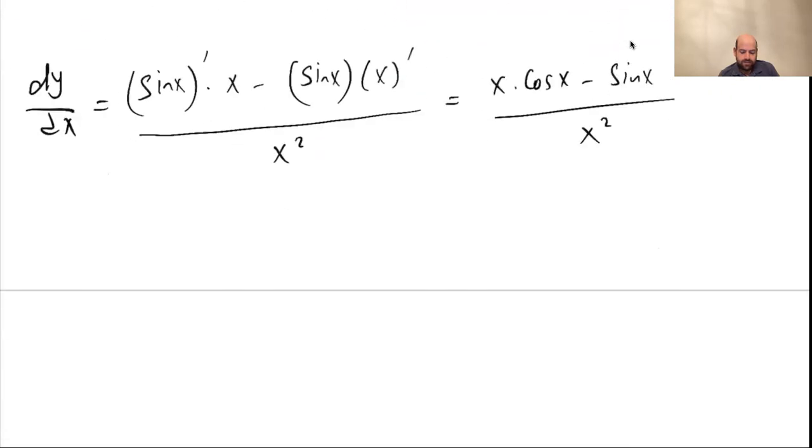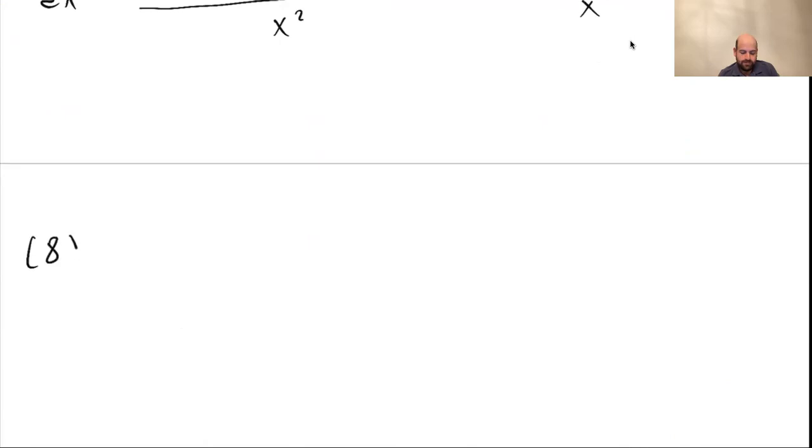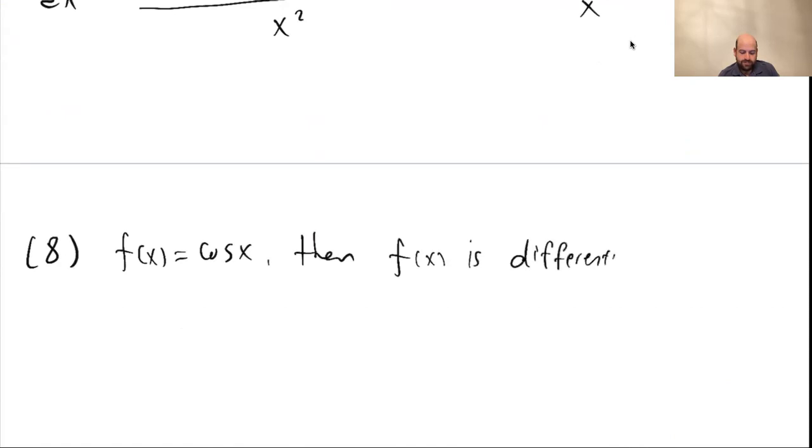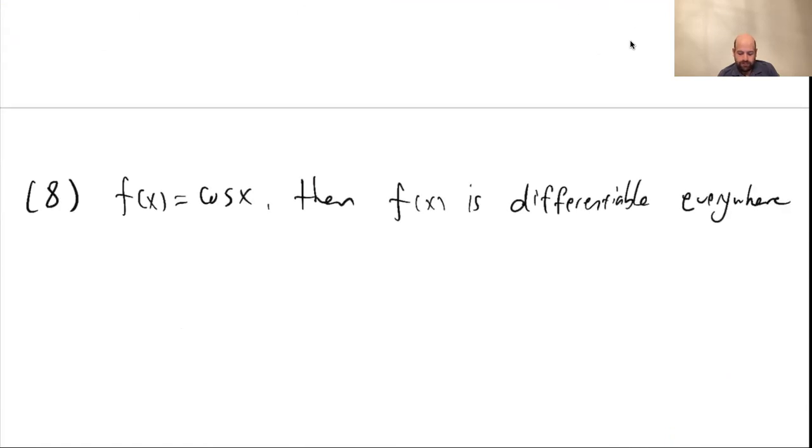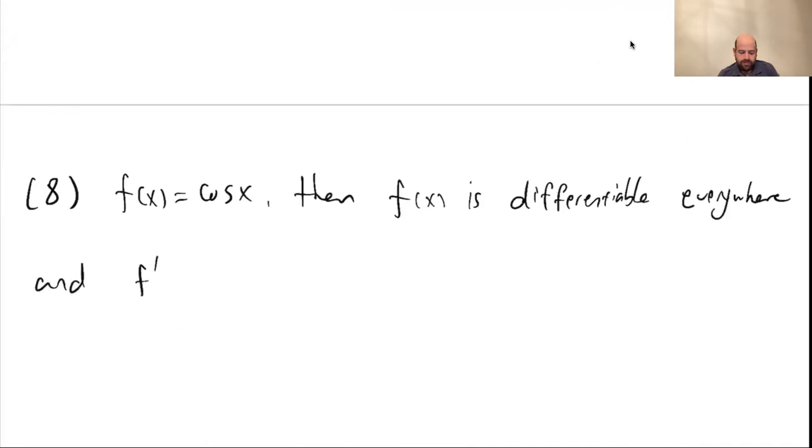Now, what about derivative of cos x? So the eighth rule, f of x equals cos x. And then we can say f of x is differentiable everywhere. And the derivative of this function, derivative of cos x, is minus sine x.